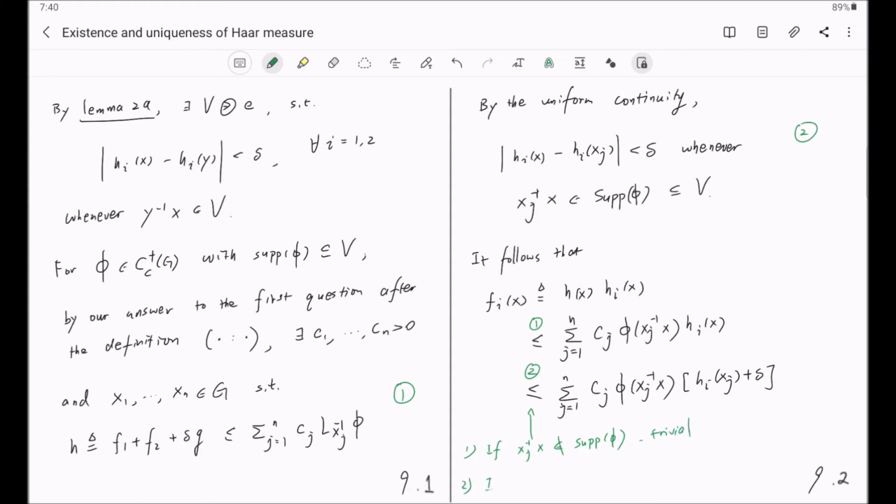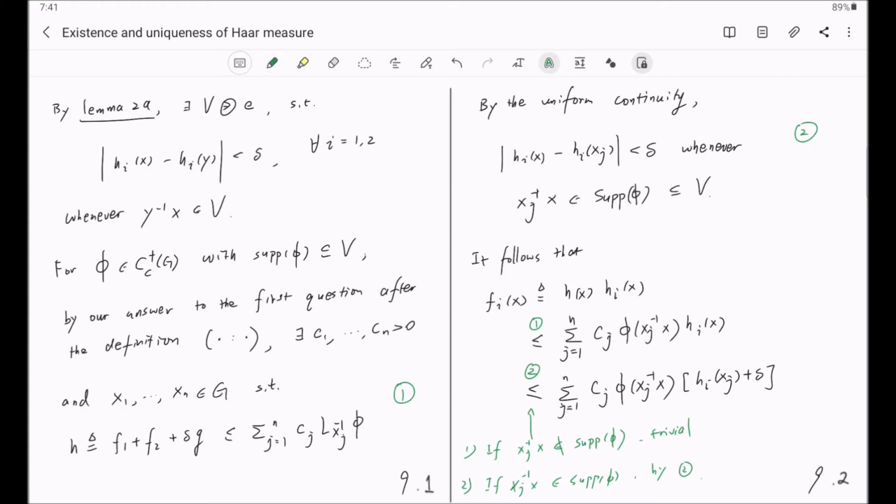And the non-trivial case is when this x_j inverse x is in the support of phi. If this is the case, we are really going to use this second result. We'll take out this absolute value, and h_i of x will be less than h_i of x_j plus delta, as long as this x_j inverse x is in the support. This is by number 2.